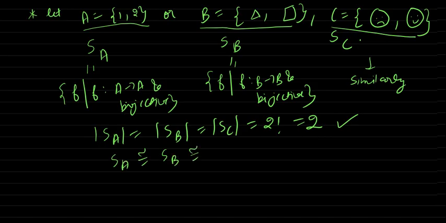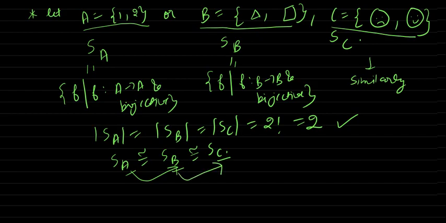It means that we do not need to discuss S_A, S_B and S_C in different fashions. Once we have the same finite cardinality of the chosen sets A, B, C, we do not need to discuss their corresponding symmetric groups separately. If I have discussed S_A, then I have also discussed S_B and S_C.